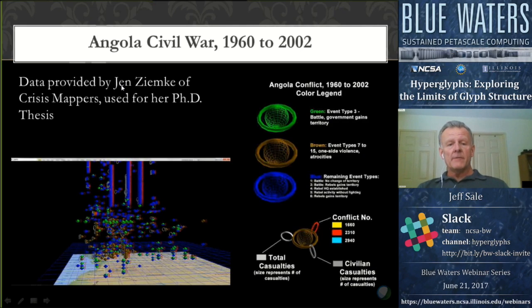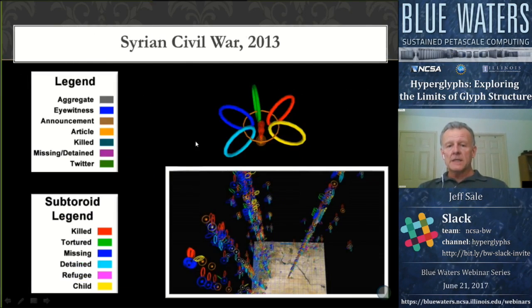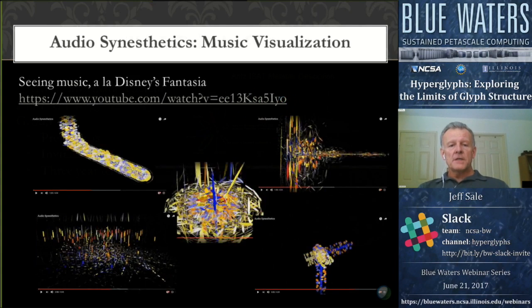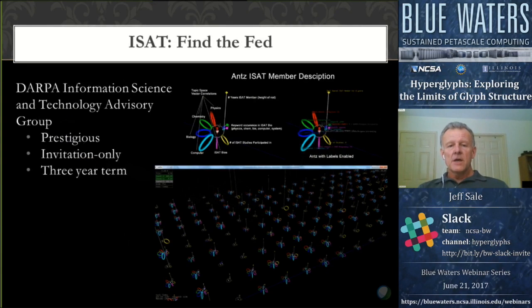A woman by the name of Jen Zeinke was kind enough to provide the data that she used for her PhD thesis in trying to understand the Angola Civil War. That visualization is available on my website. You can download it. Likewise, the Syrian Civil War, we've done other interesting visualizations using medium complexity hyperglyphs. You've seen the synesthesia.